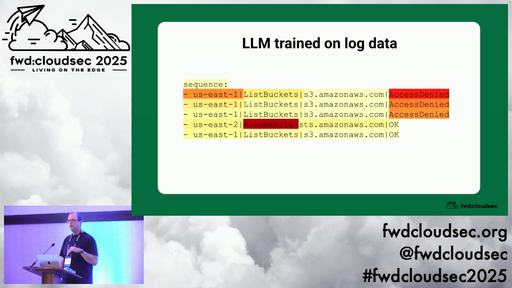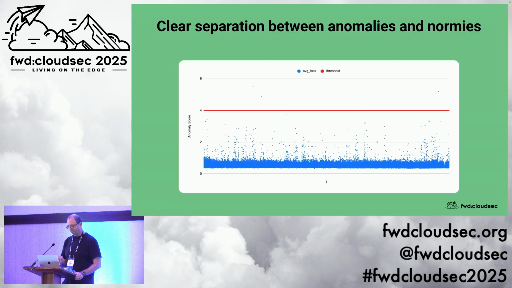And more so, assume role from US 2, coming after the list buckets from those zones, completely threw off the LLM. So we can read a lot of interesting information, and with that we can form an anomaly score for the overall log session, and an anomaly score per word or per token, and then use that.